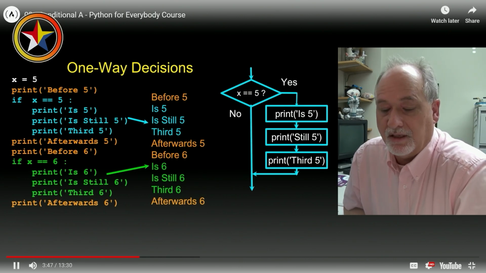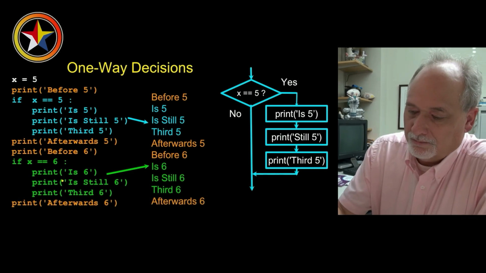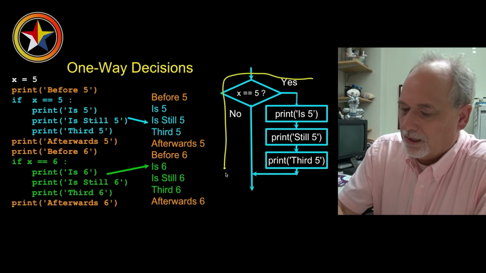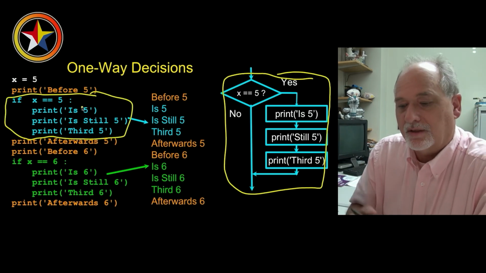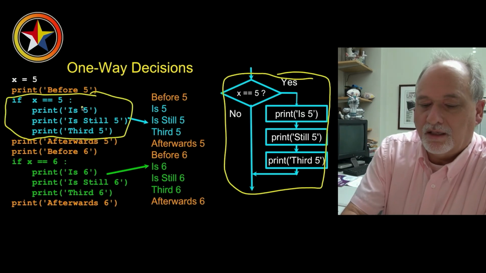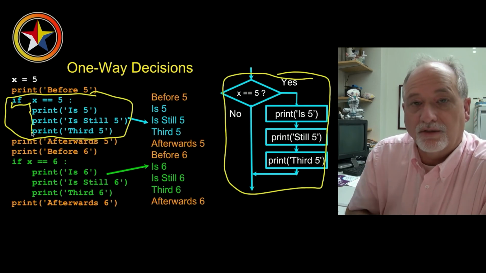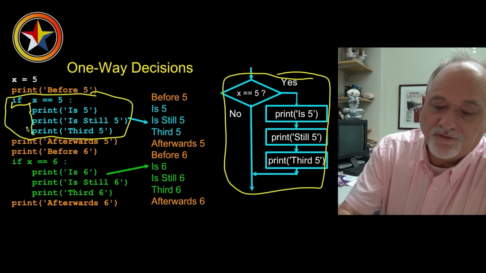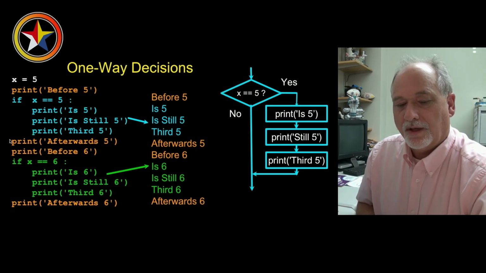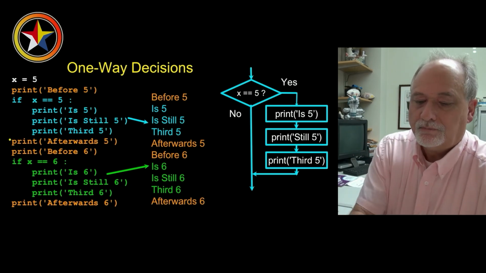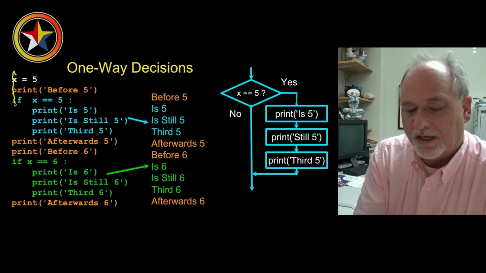Let's look at a line of text in the indented block. And this will be something you're going to get used to. So if we indent more than one line, then the conditional code is actually these 3 lines. So the idea is you have an if statement, you come in, you do an indent, and as long as you stay indented, you stay in that if block. If it's false, it just skips all of those. So the way this is going to execute, x is 5, print before 5, is x equal 5?